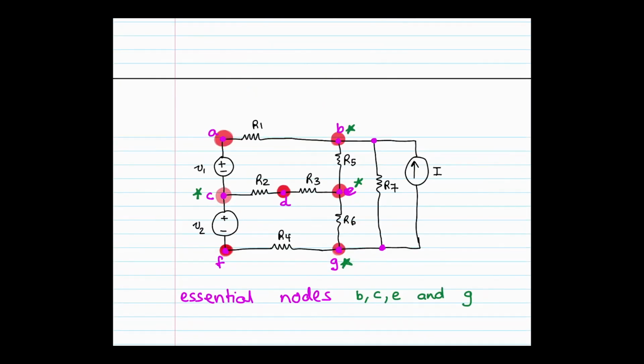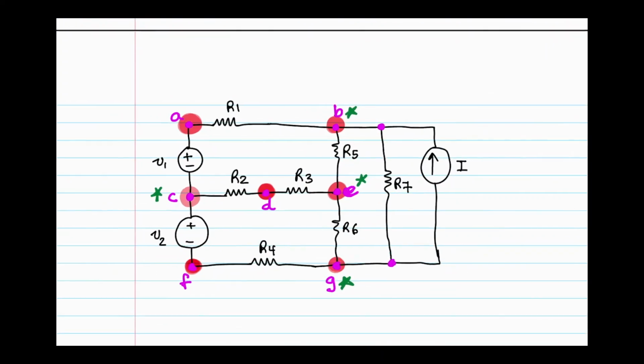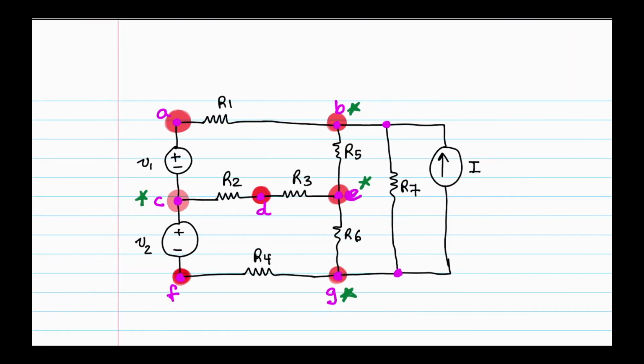So let's copy this circuit where we identified all the essential nodes. Here is the circuit, and when you see a star next to a node, you know that it is an essential node.